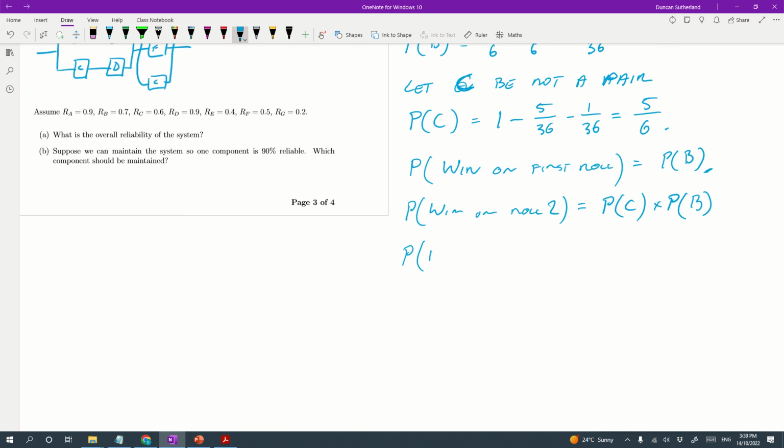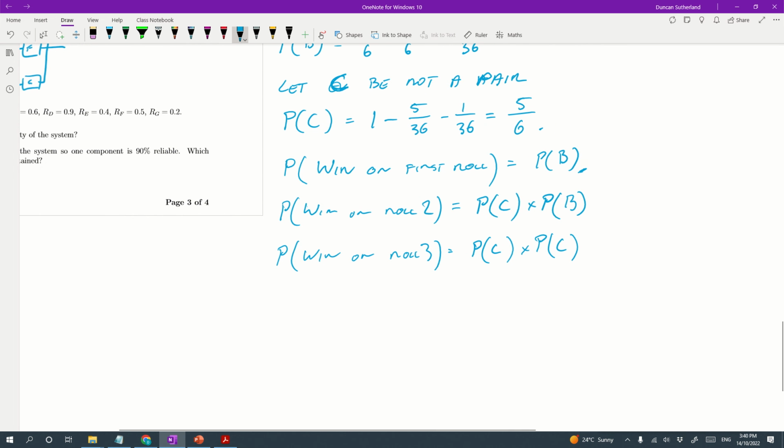Then our third roll, again, we have to get P of C on our first roll to get to our second roll. We then have to miss on our second roll and get P of C again.